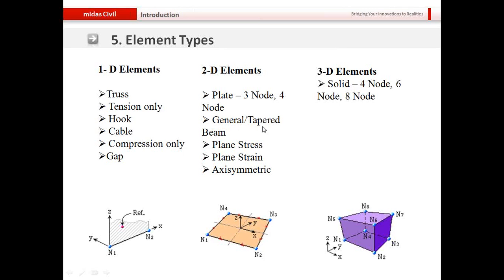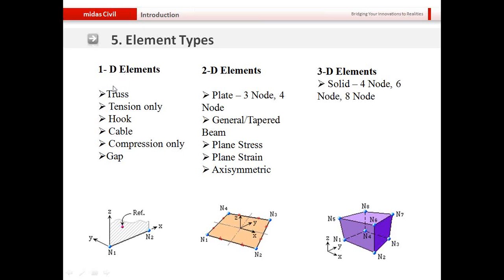For any type of modeling of a bridge, we use a variety of softwares which provide different elements to model the bridge. So normally for a preliminary analysis, for a simple analysis, we go for one-dimensional elements to model the girders.